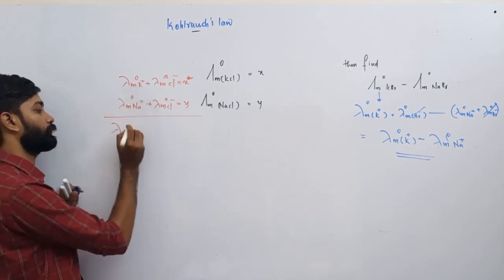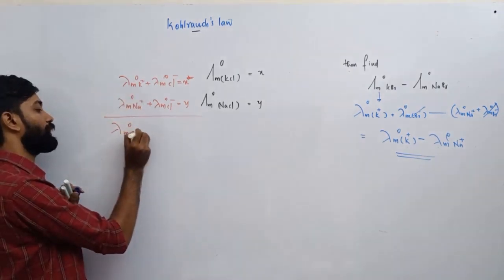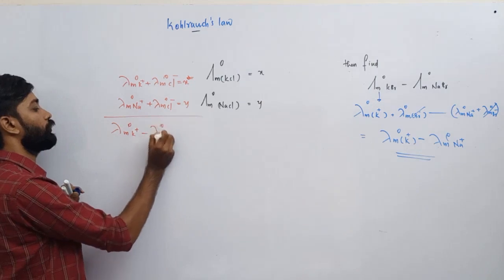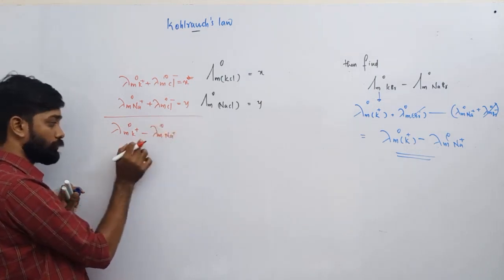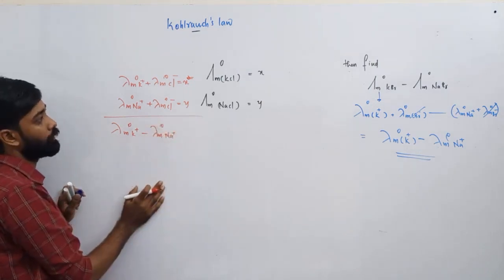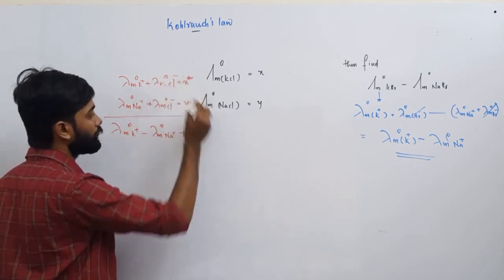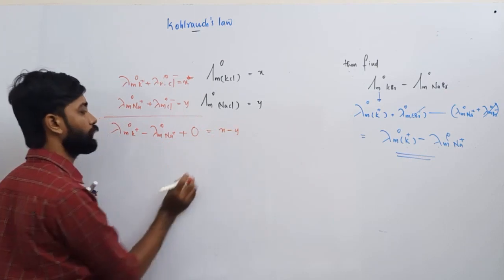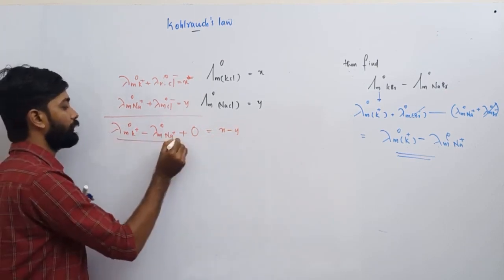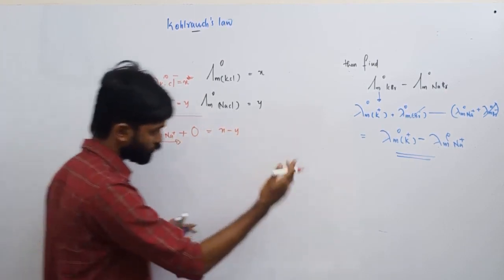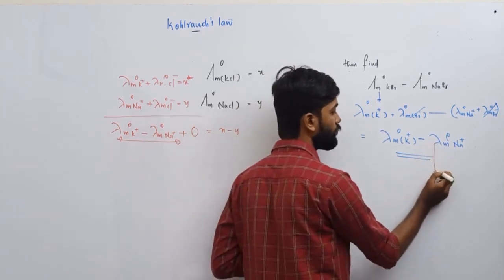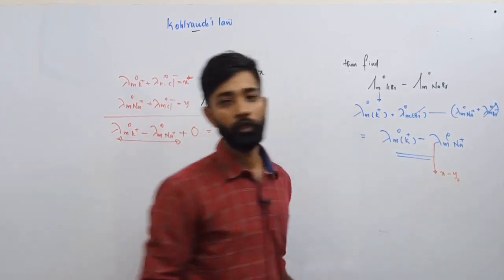Then what about this one? Lambda m0 K+ minus lambda m0 Na+, and this gets 0, and this one will be x minus y. So exactly this we have to find. So this answer will be x minus y.